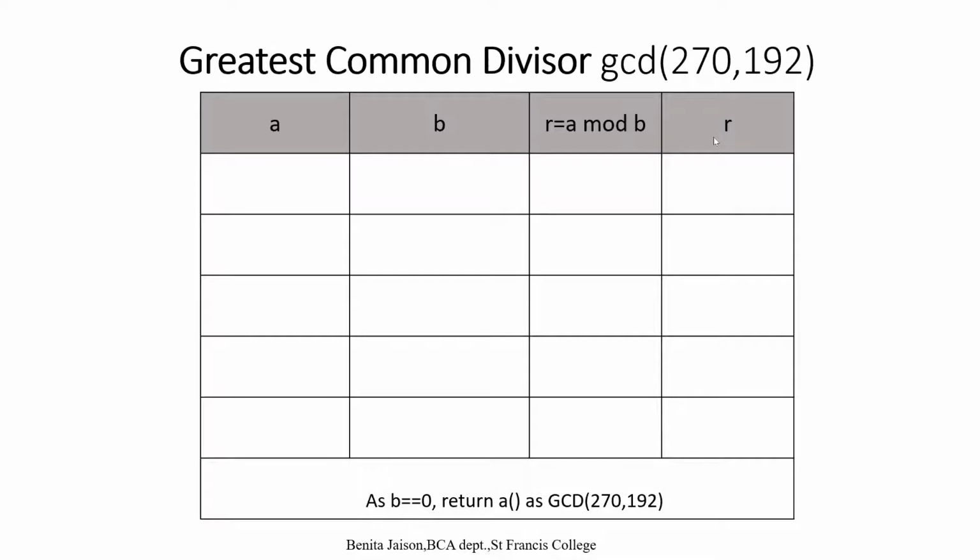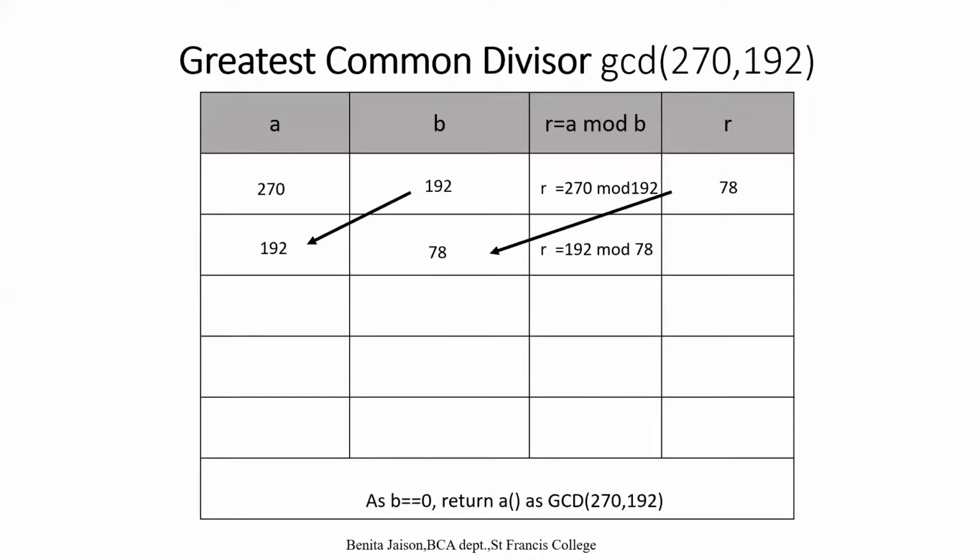A value is 270 and B value is 192. R is 78 now. R value will be 78. Now, Pavan, the A value will be 192 and the B value will be 78.